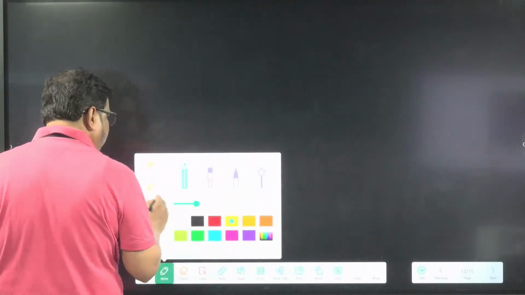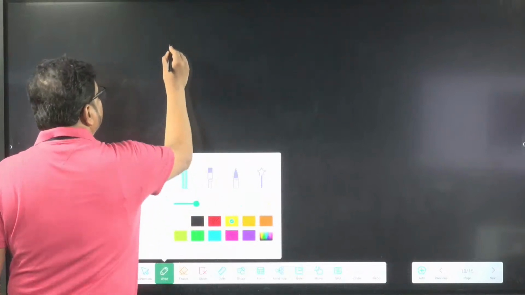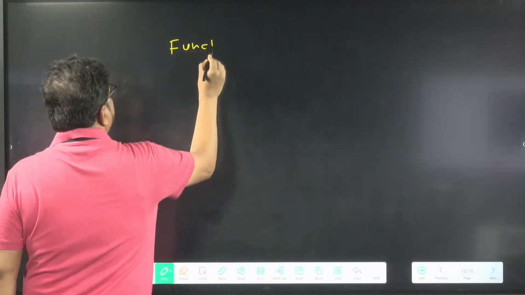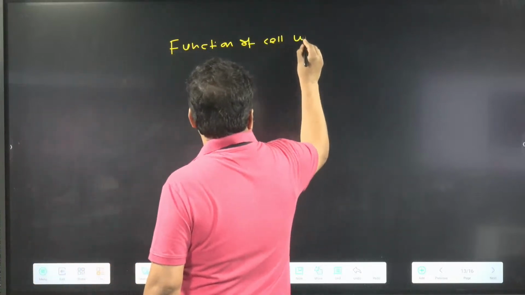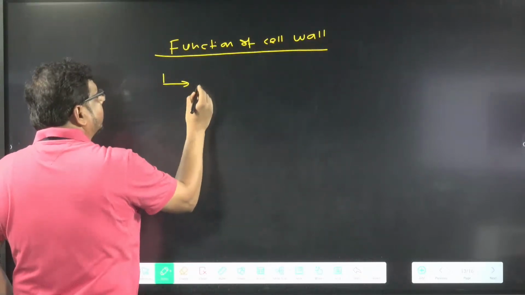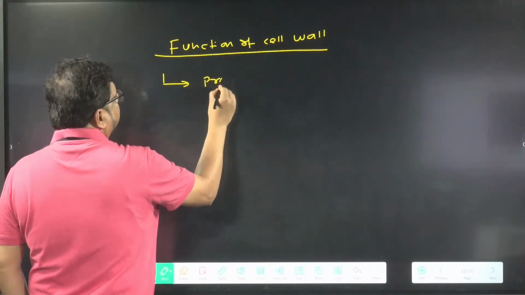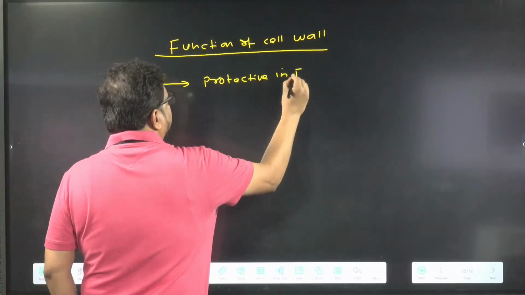Then cell wall will be over. Function of cell wall. You tell me the function of cell wall. Why should I say it every time? So it is protective in function.